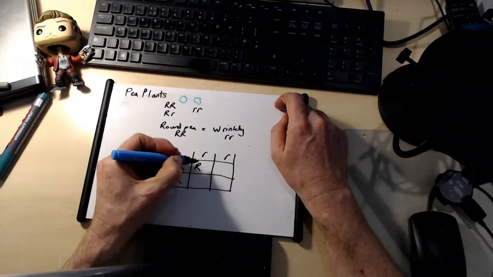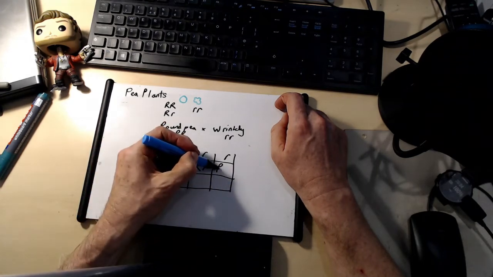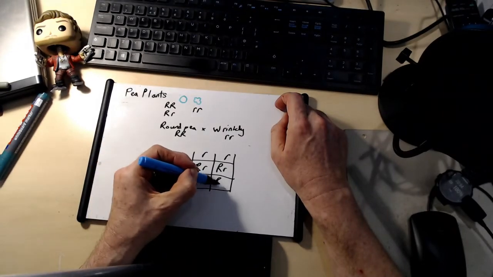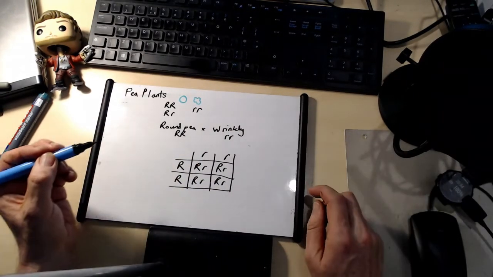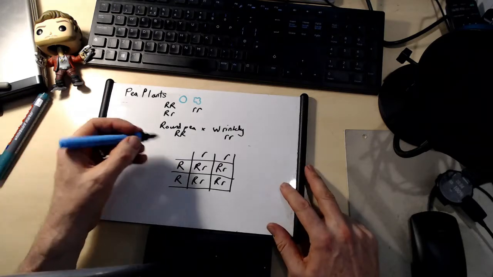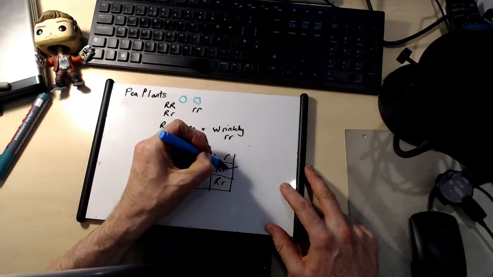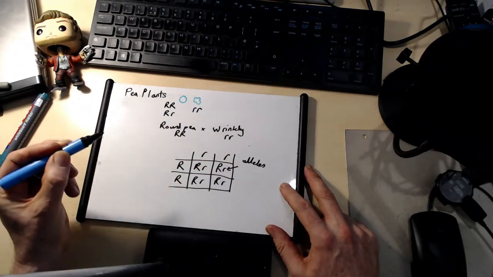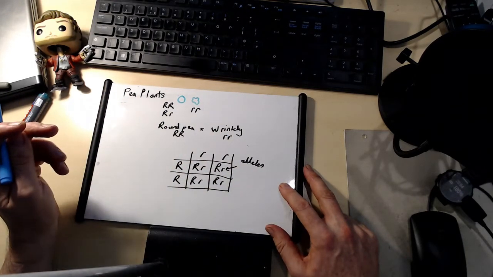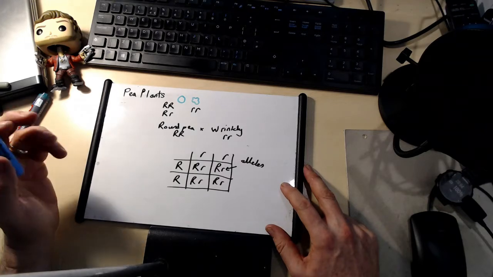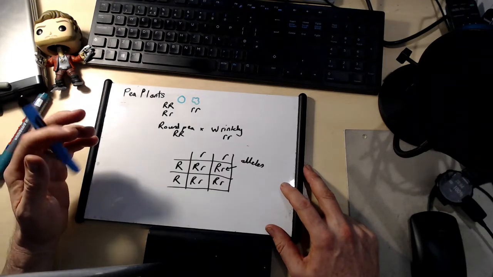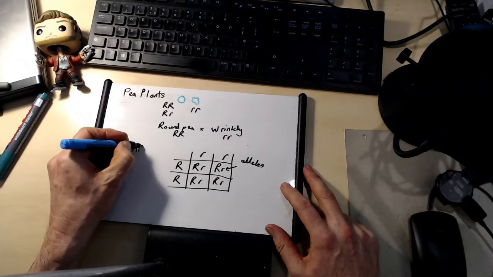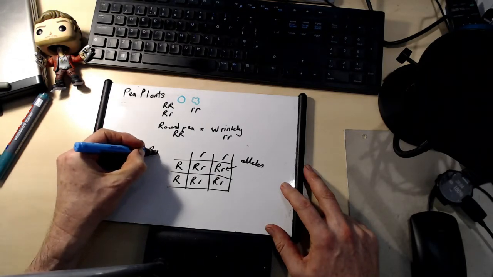Big R, little r, big R, little r, big R, little r, and big R, little r. This shows a genetic cross, and it shows all the possible alleles of the offspring. As you can see, you're predicting and explaining what will happen. In this case, all would be round peas.